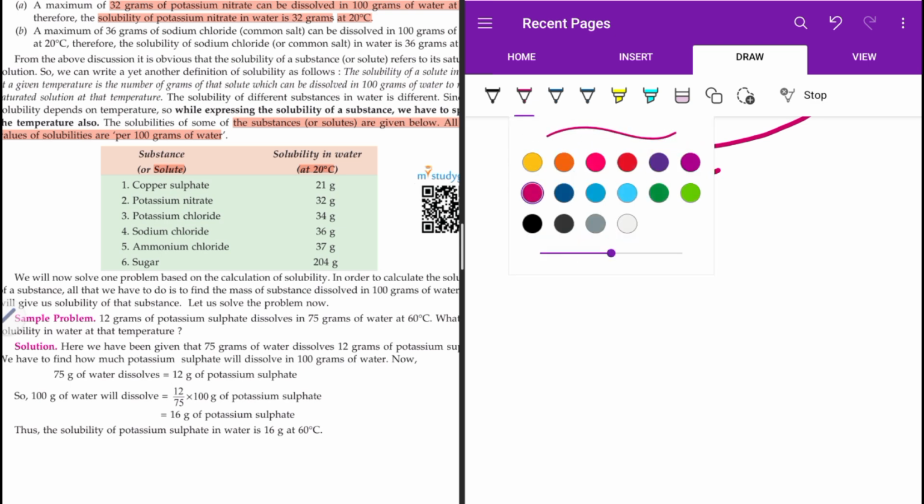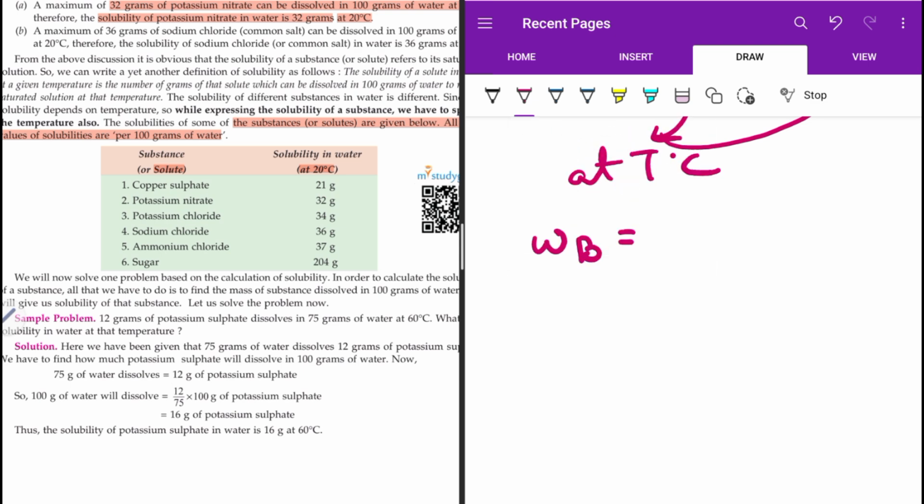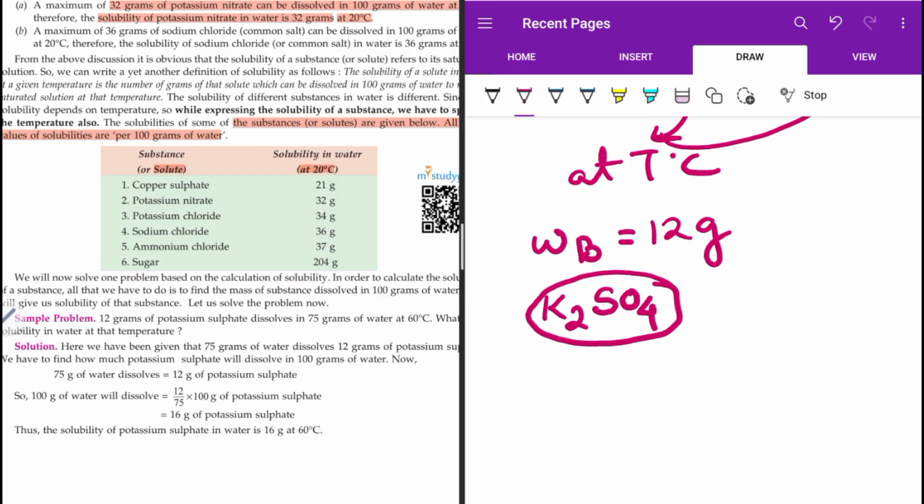Potassium sulfate means K2SO4. It dissolves in 75 gram of water. So WA, the mass of water, is 75 gram.